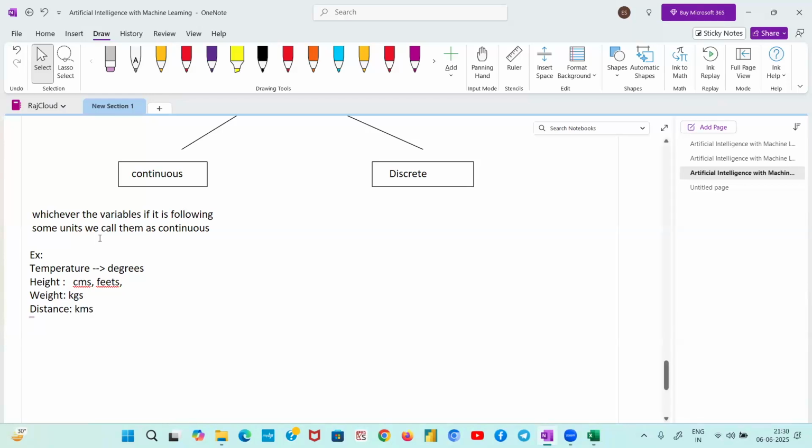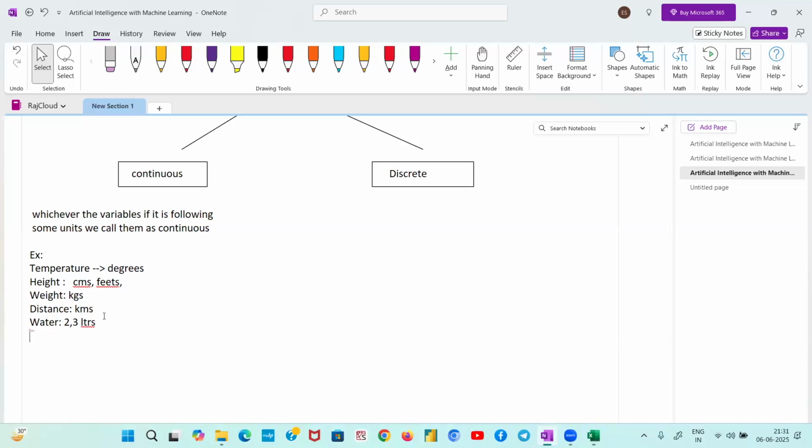So if you see, every time I am using units: degrees, feet, kgs, kilometers. And how much water do you consume every day, 2 liters or 3 liters? You will use liters. How much food do you take, 2 kgs or 1 kg, depending on the type of food.